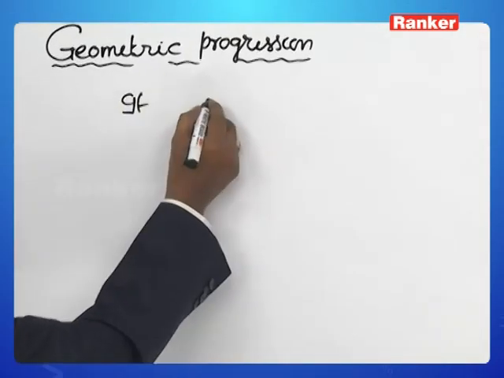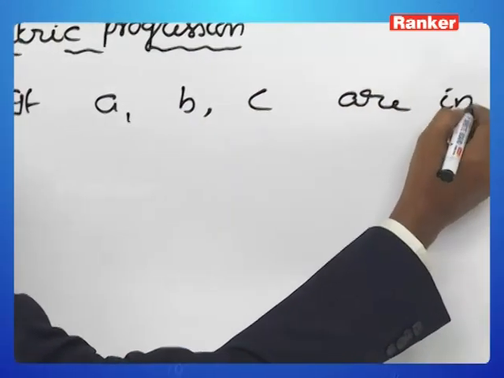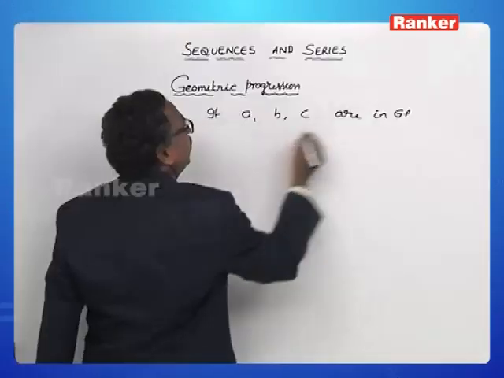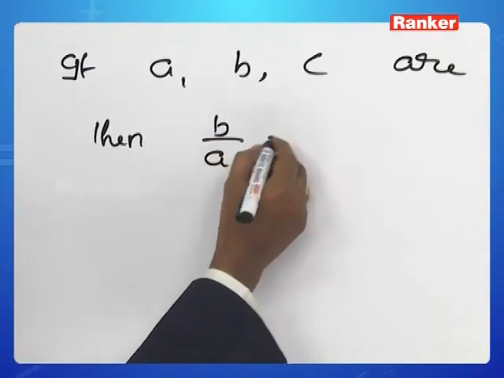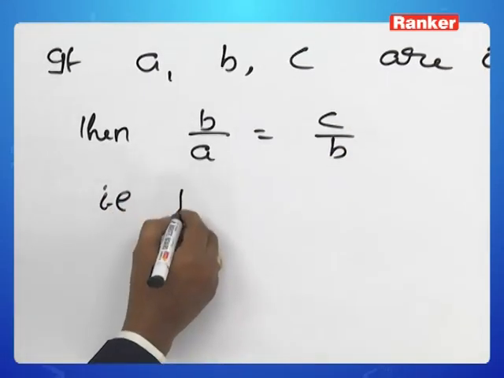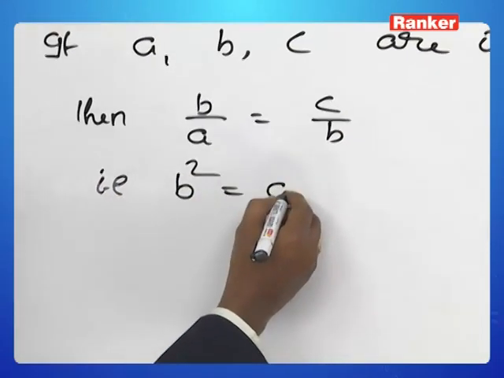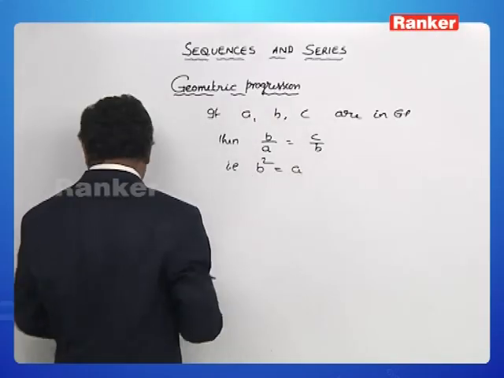If A, B, C are in geometric progression, then the second term by the first term, B by A, is equal to C by B. That is, B square is equal to AC.